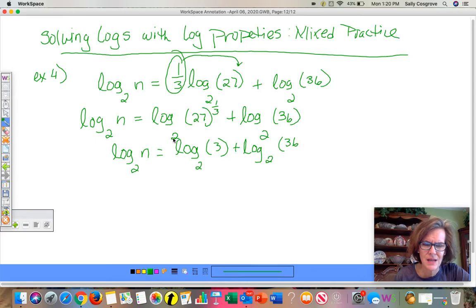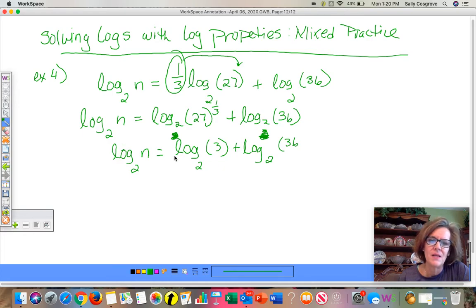Sorry, I squished those too much. I should have had more space. There, that looks better. Now what's happening? I dealt with the power. Now what? I can't do the log property of equality yet, because I don't have log of this equals log of that.